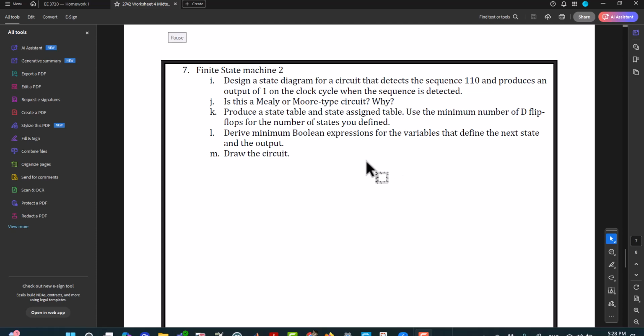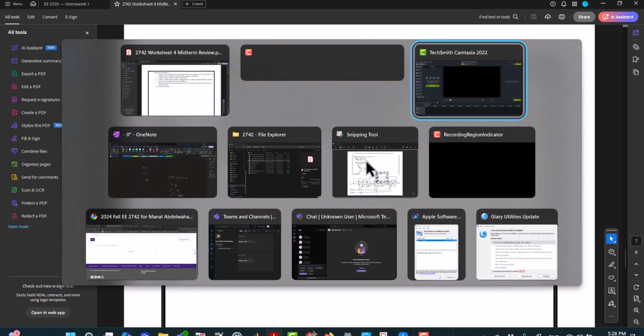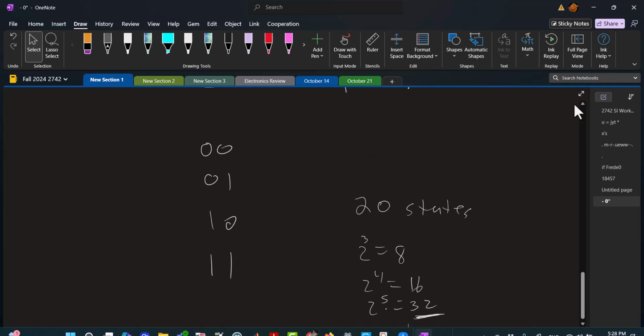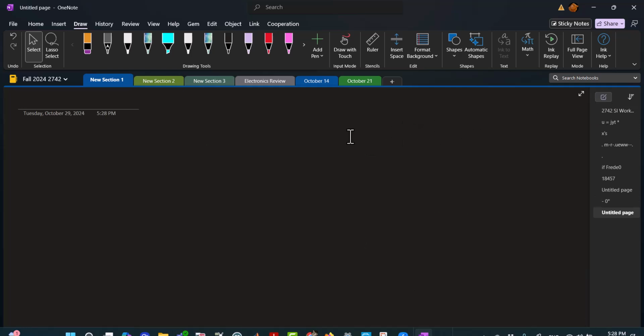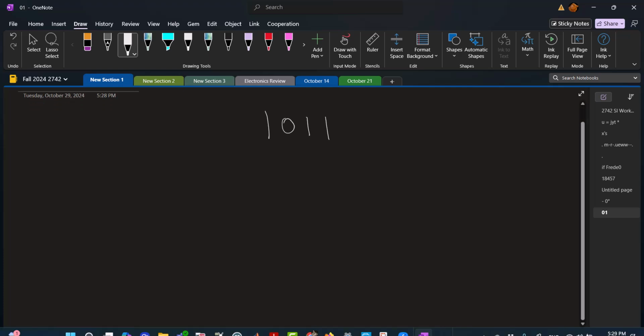Okay, so let's make a sequence detector that detects the sequence 1 0 1 1. Yeah, we do 1 0 1 1.